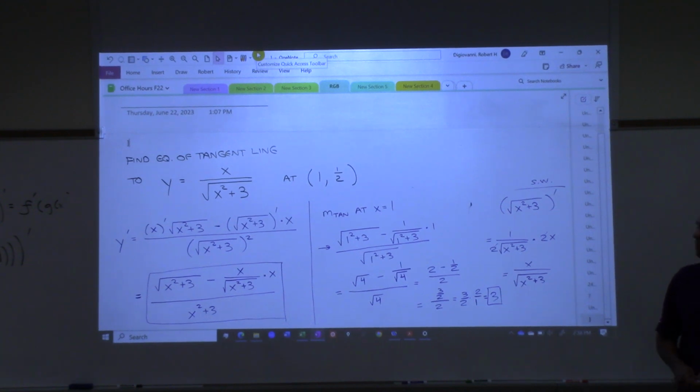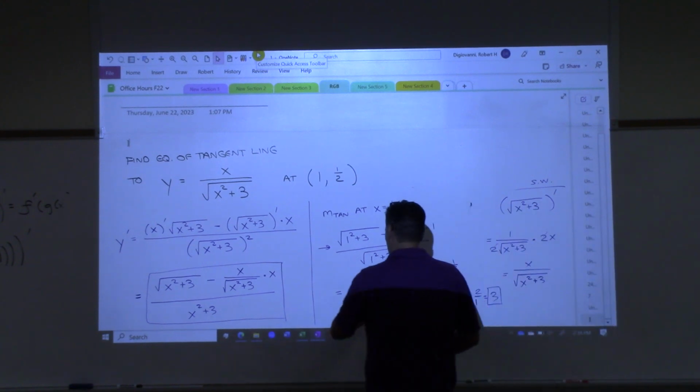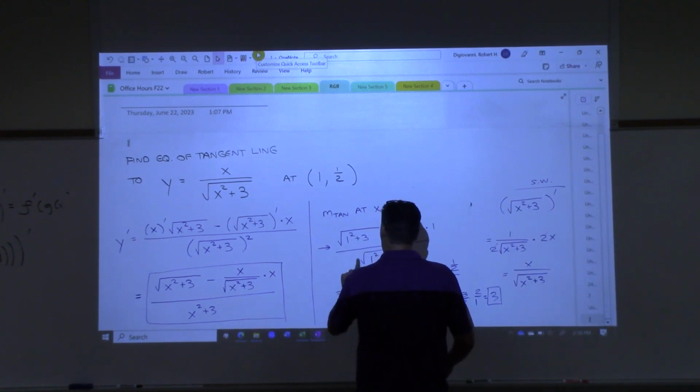Why is the square root 4 on the bottom? Oh, I didn't. That's my mistake. I don't know why I did that. I was just working fast.